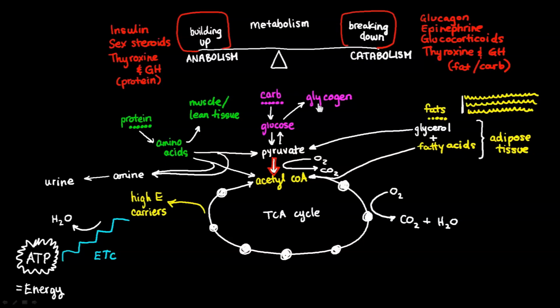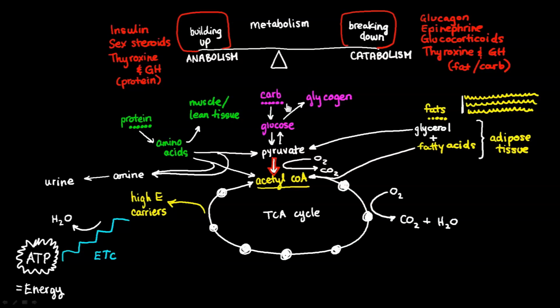And another important thing that we have to understand is that this cycle will only go around if ATP is needed by the body. So if we're using energy, we're doing exercise, we're demanding ATP and energy from our system, then this cycle will continue going around. But if we don't, let's say we're sedentary and we don't use energy, then acetyl-CoA is going to build up and it's going to favor the return in this direction towards adipose tissue.